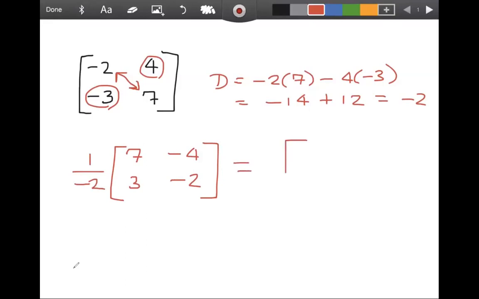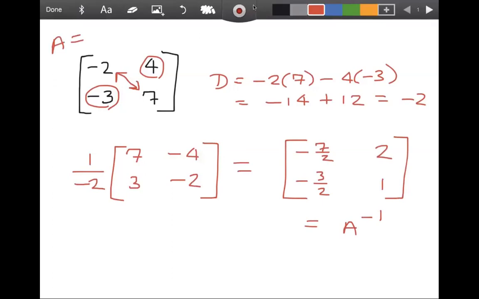And that is going to give us this matrix: -7/2, +2, -3/2, +1. If this matrix is called A, this matrix will be A inverse.